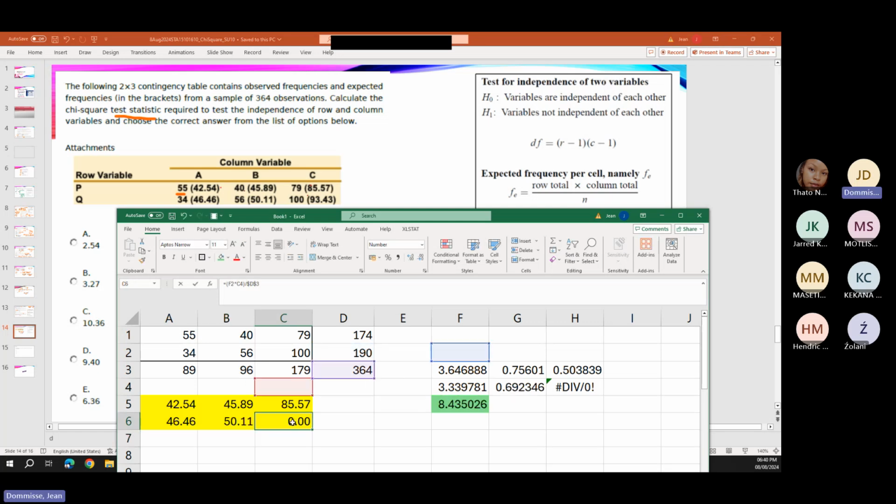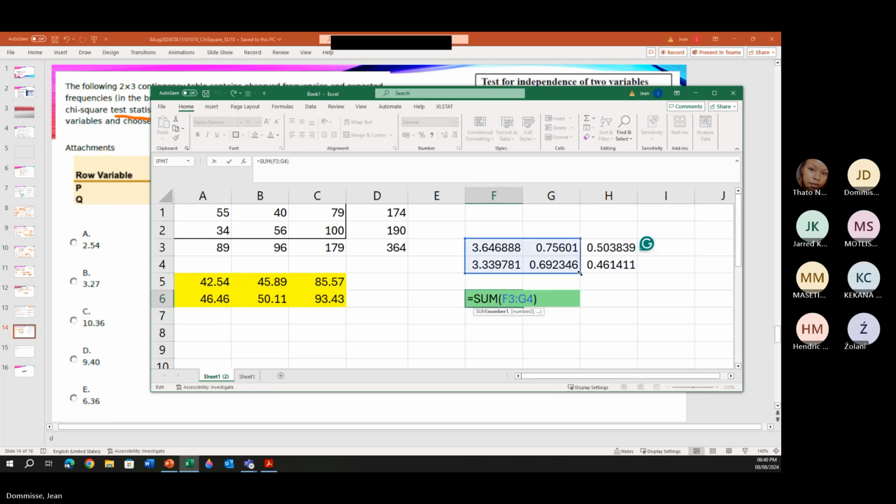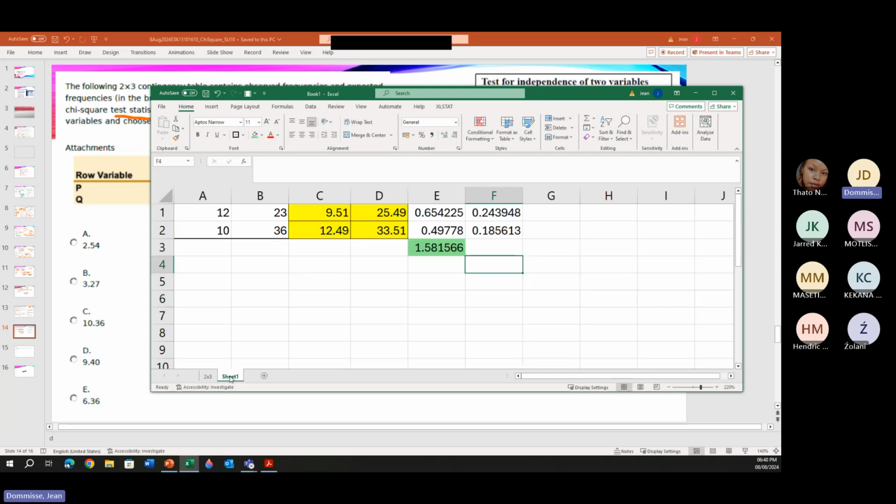Okay, so I will again share this. Let's see if we get something that we can work with. 9.40. So there we have it, 9.40. Okay, so I'll rather share this one, which is a 2 by 3 table. This one was a 2 by 2.